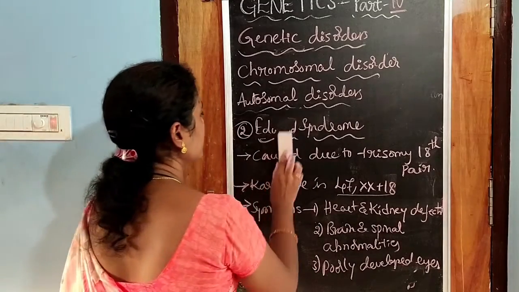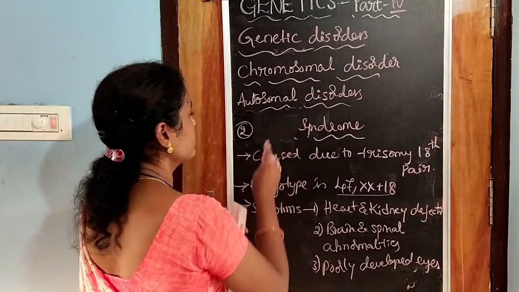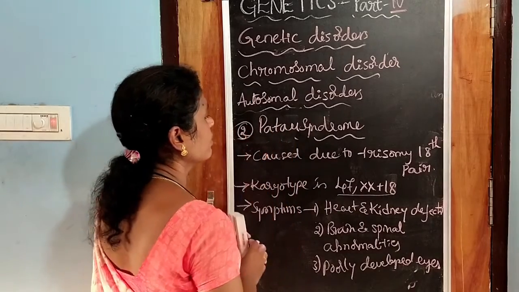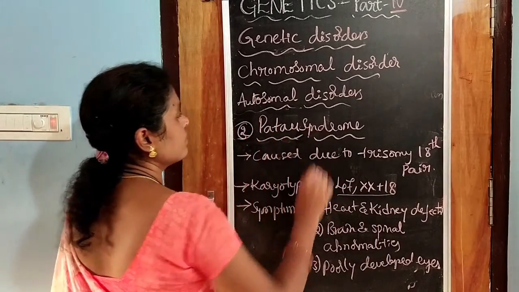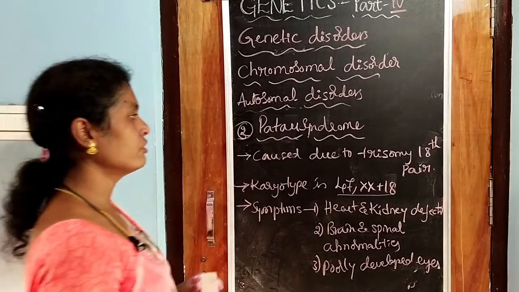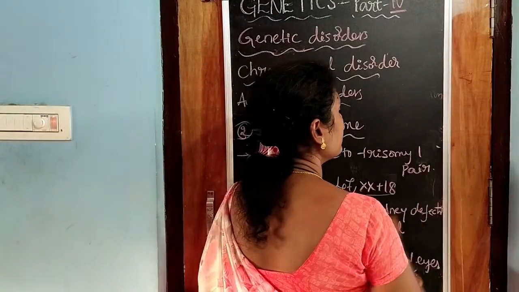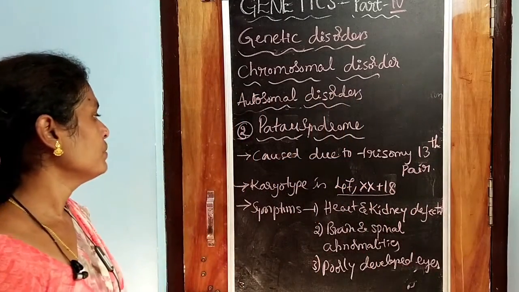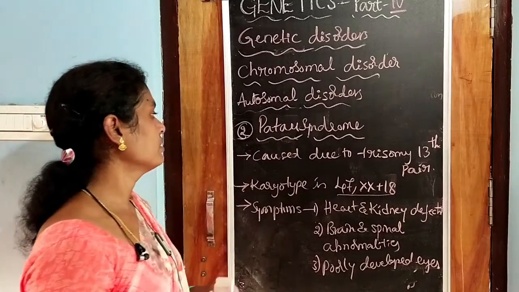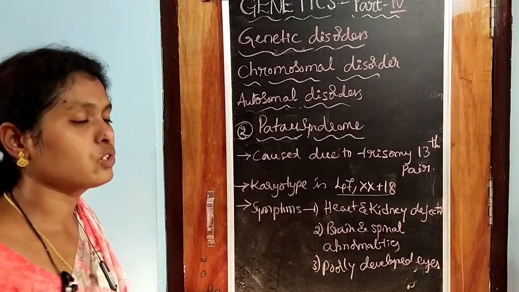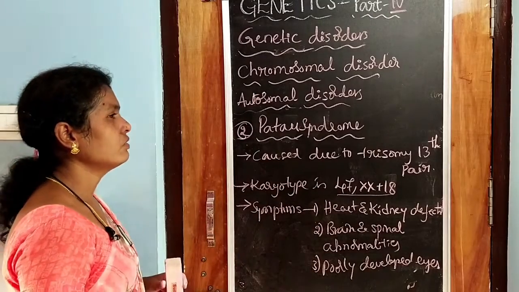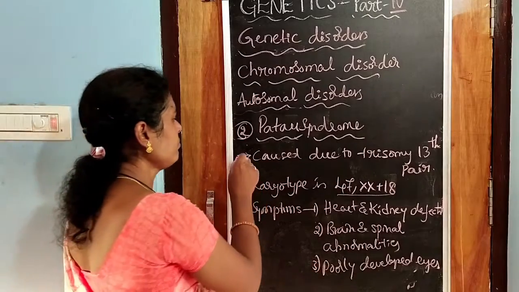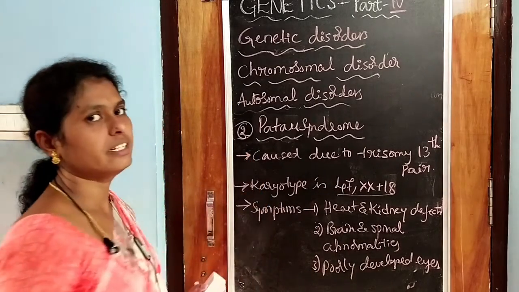Now the third one is Patau syndrome. This syndrome is caused due to the trisomy of the 13th pair. It is due to chromosomal abnormalities, leading to delay in intellectual or physical development.